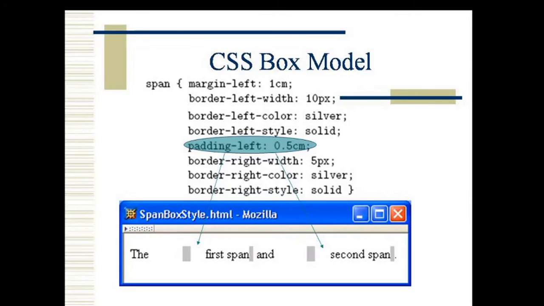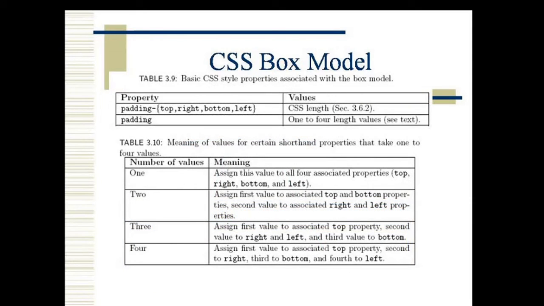Then padding left. Then for the CSS box model property, as you can see, we have already put in the HTML markup that padding top, right, bottom, and left is given as a CSS length. And as you can see, the number of values can be 1, 2, 3, and 4. Whenever we give one value, it means assign this value to all 4 associated properties, that is, top, right, bottom, and left will all be the same.